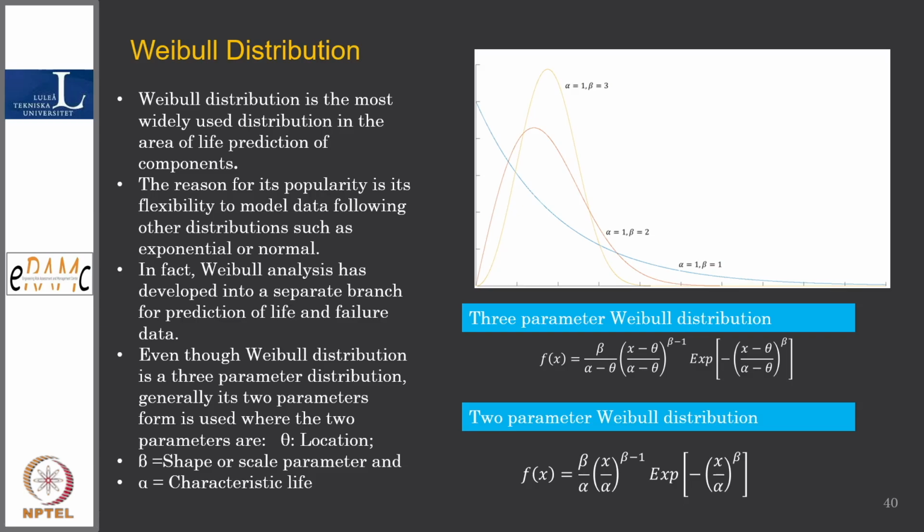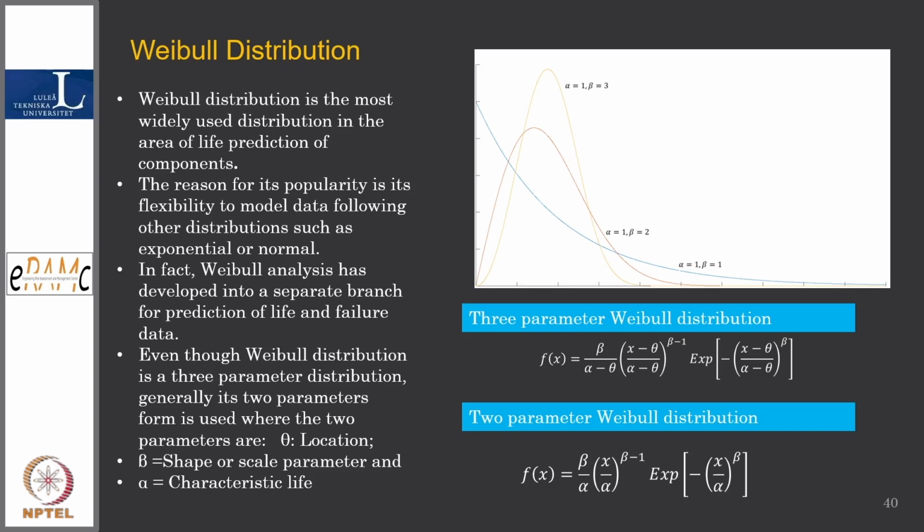Now, Weibull distribution. Weibull distribution is, I would say, basically the king of the distributions, at least in PRA. Why? Because once we have a Weibull distribution, we plot the data on Weibull and it can inform us which distribution our data follows, like I'll be showing in the slides.